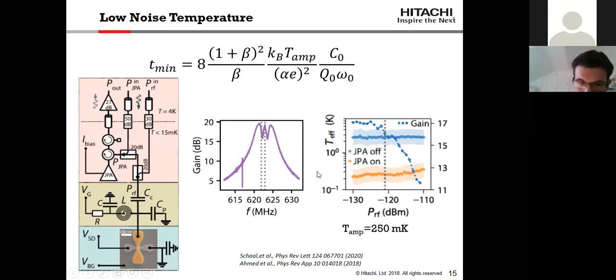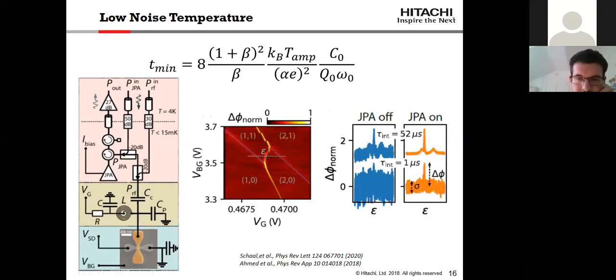And then when we switch on the JPA with this additional gain at lower temperatures, we achieve an overall noise temperature of 250 millikelvin. Okay, which is, as you can see, an order of magnitude improvement over previous amplification schemes.